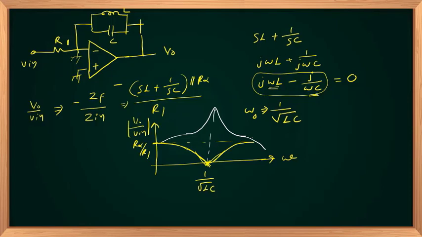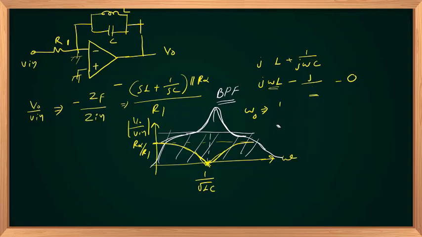As omega tends to infinity, the capacitor acts as a short circuit, so the output decays to 0. At omega equal to 0, the inductance acts as a short circuit, and the output decays to 0. So in a particular band you have higher gain than at all other frequencies. This is called a band pass filter kind of response. So that's a band pass filter, right?